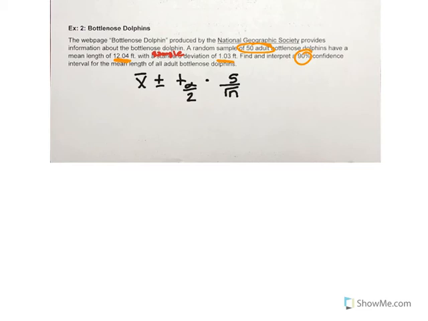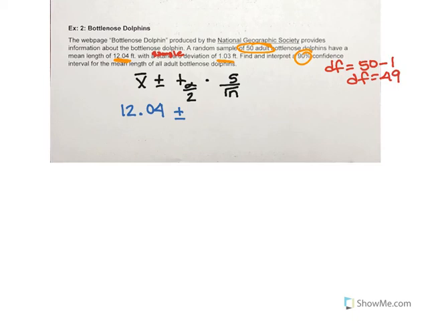So we're going to take 12.04. Since our mean is 2 decimals, we're going to also round this one to 2 decimals. Plus or minus. Now, if we're doing 50, and I should have said this when I wrote it, then our DF would have to be on row 49, okay?